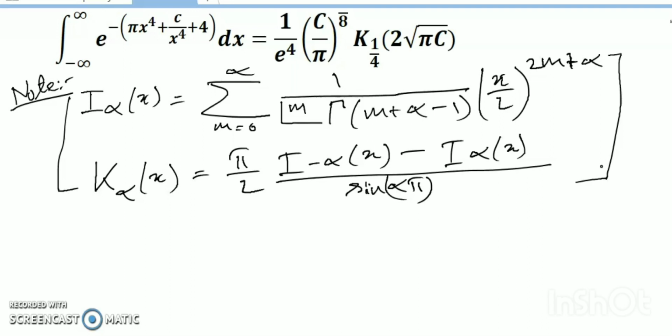The question is very simple, not so tough, but we need to know integration knowledge. At first you see that this function is an even function.